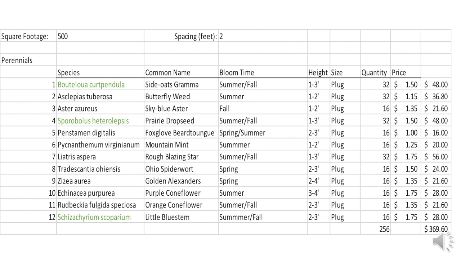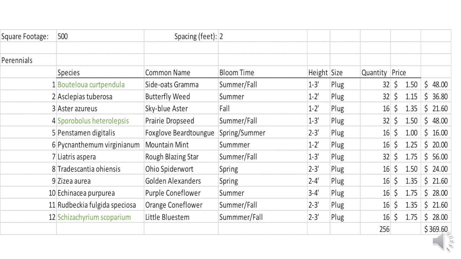So in order for you guys to avoid sort of mistaken identity, it's very important that you understand the Latin name of the species that you want to include in your plant palette.